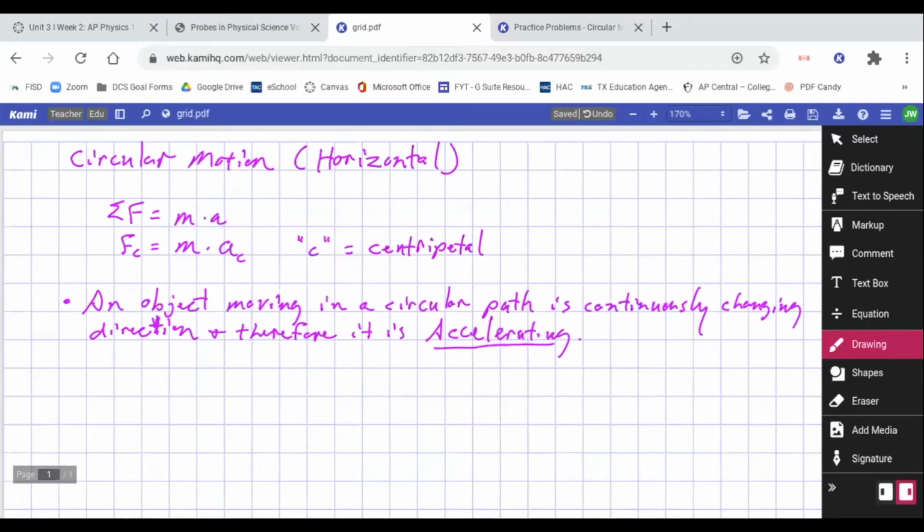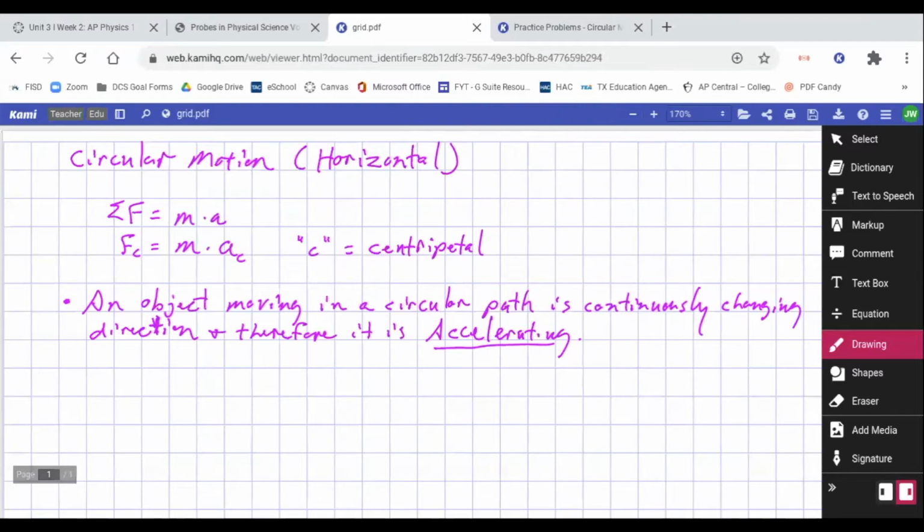Now, how do we know it's accelerating? Well, velocity is a vector, right? And as a vector, that means that it is both magnitude and direction. So even if the speed stays the same, even as you go into that curve in your car, you maintain the 20 miles per hour that you entered the curve, and it doesn't change one bit, your direction certainly is changing.